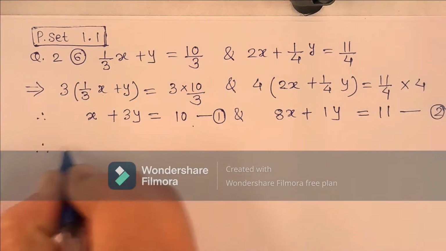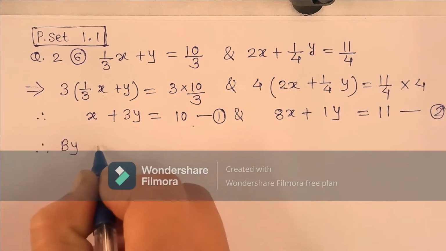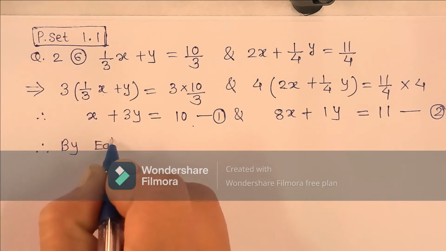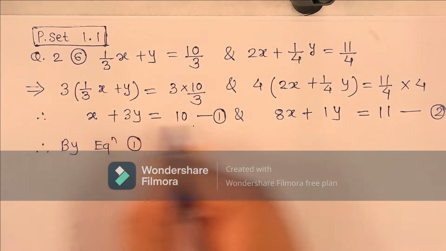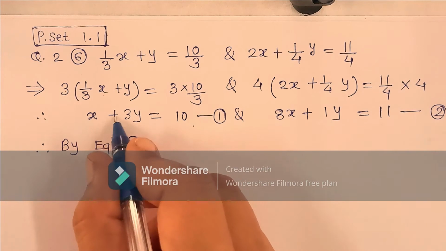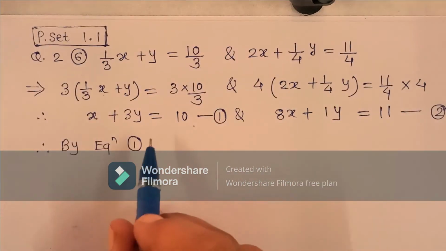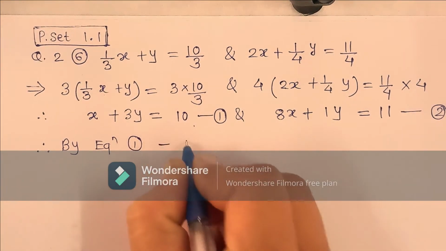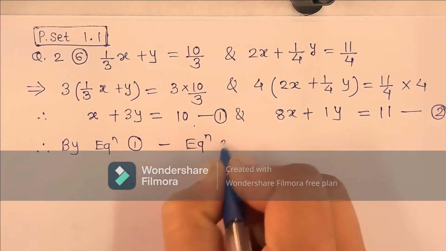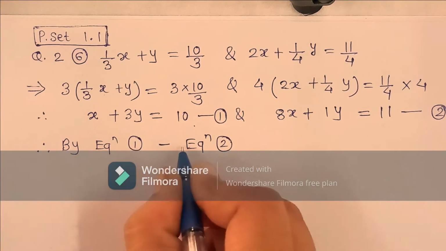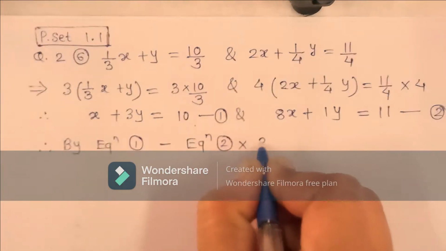So we will write by equation 1, and as they possess same sign, positive, and to cancel them we need opposite sign. So we will have their subtraction. So how that will become? Equation 1 minus equation 2 into 3.